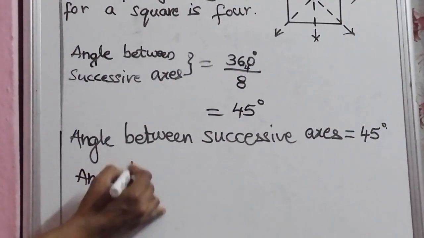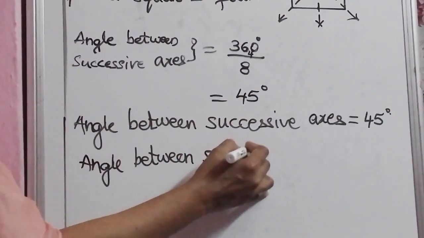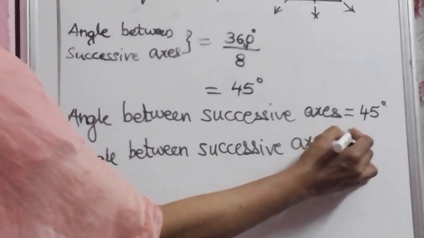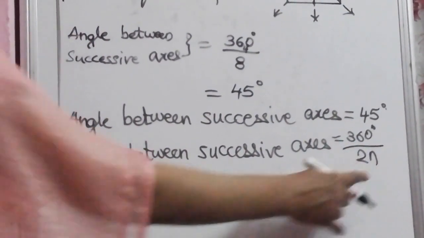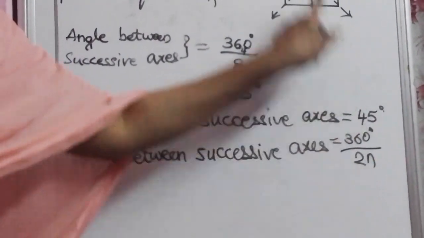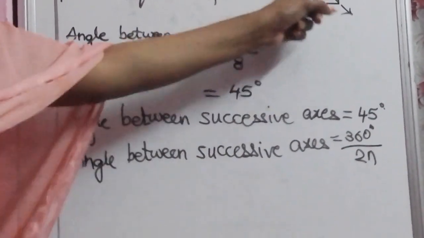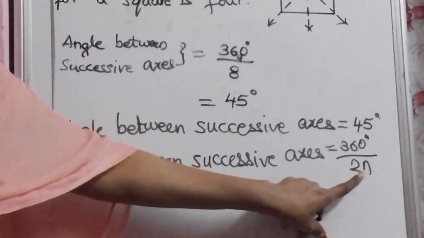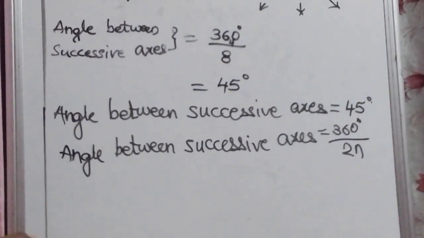Angle between successive axes is equal to 360 degrees divided by 2n. n is the number of sides of the given figure. So here let's check 2 and the number of sides is 4. 2 fours are 8. So here we have counted the number of lines and we have divided by 8. But if you use the formula like this also, you will get the same answer. Understood this? Okay. So this is true.